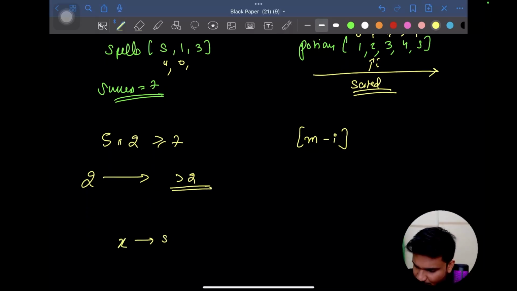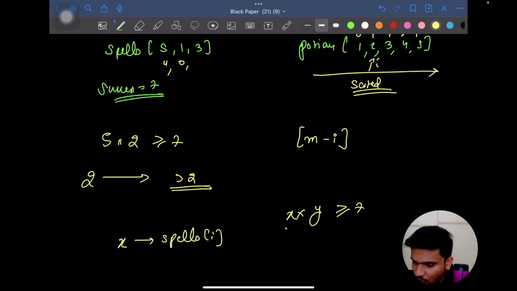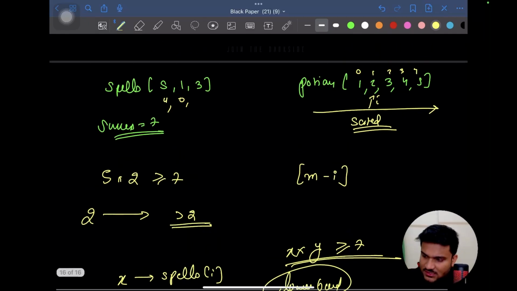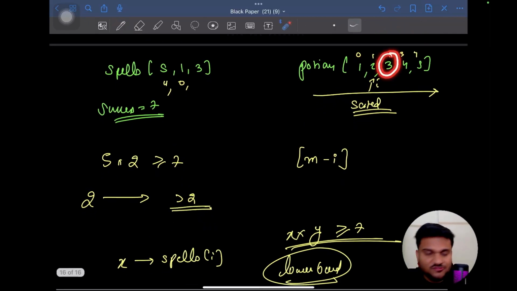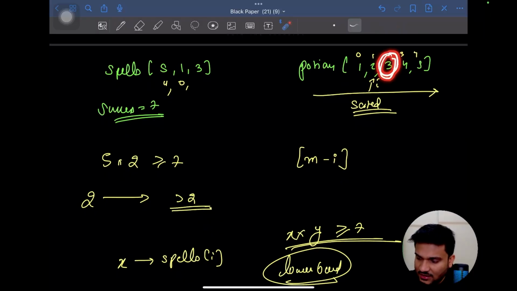Now, don't you think? Let's say x is spells of i. Right? You want to get a y such that x into y is greater than or equal to 7. Yes or no? So, don't you think lower bound can actually help you here? That is, you are able to find the first y such that x into y is greater than or equal to 7.